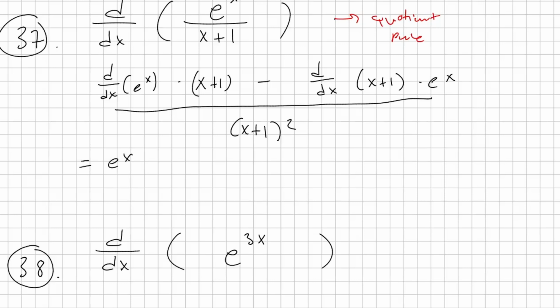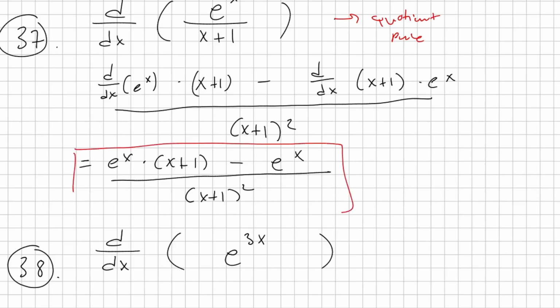We don't have to write that, but just times 1. Subtract 1, so e to the x minus e to the x, correct? Over, actually, sorry about that. It should be e to the x times x plus 1, subtract e to the x, like that. And it's all being divided by x plus 1 squared. So that should be what it is. I'm going to circle it out.